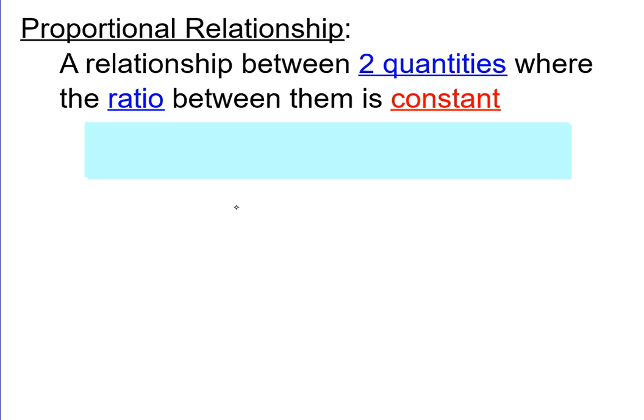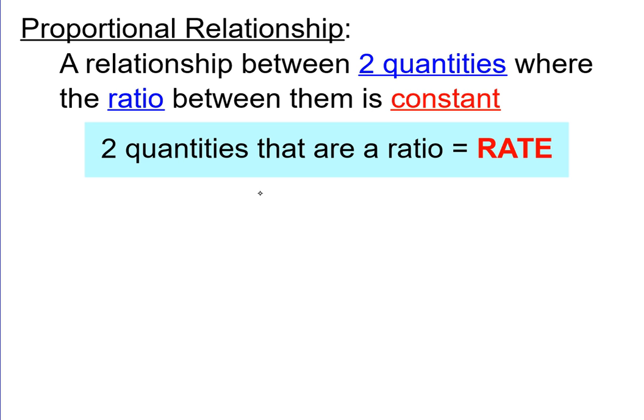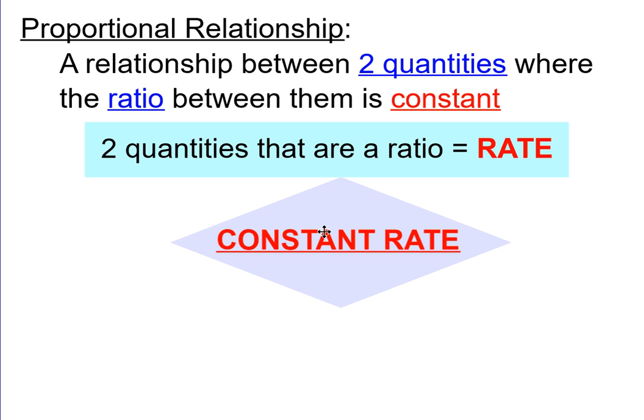When we're talking about a fraction that shows two different quantities, we're not talking about a number, we're talking about units. So miles per gallon or feet per second, things like that. They're two different quantities, but the relationship between them is constant. So those two quantities that are a ratio, there's our rate. And that rate will be a constant rate.